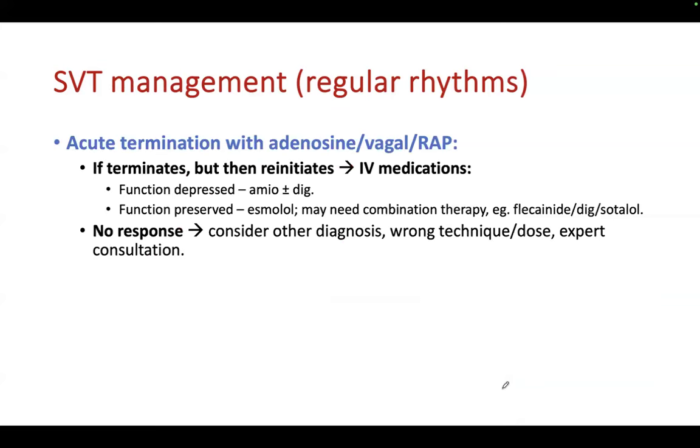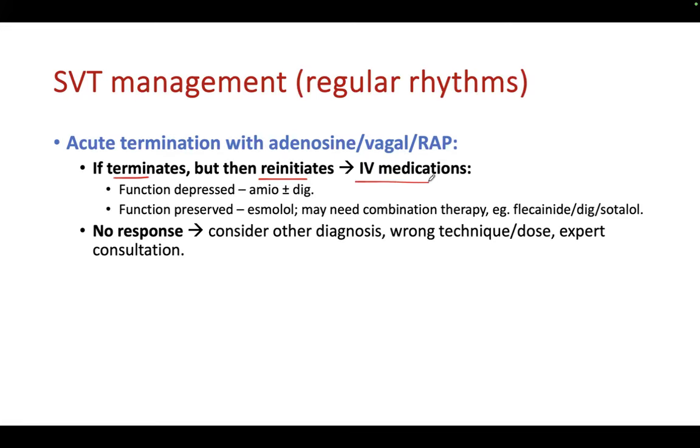So back to management. For SVT that is regular, like we said, you give adenosine, you do vagal maneuvers, and so forth. And then if the SVT terminates but then reinitiates, you know that you have diagnosed an SVT that is reentrant, with the AV node as part of the circuit, but you know that it comes back.